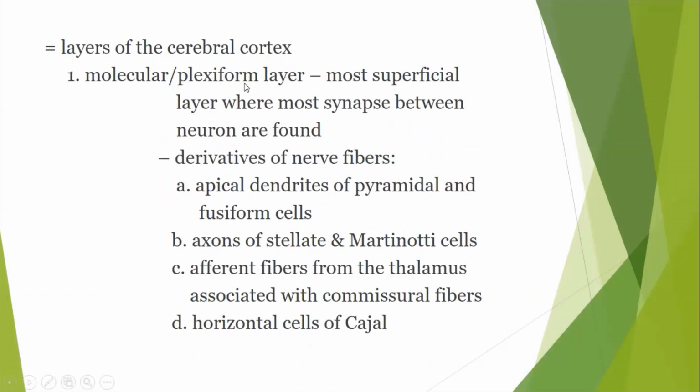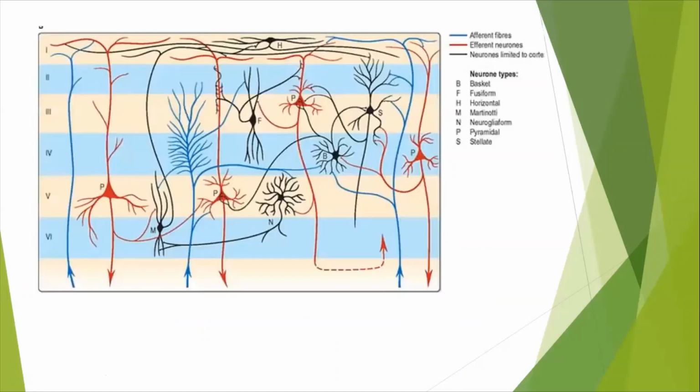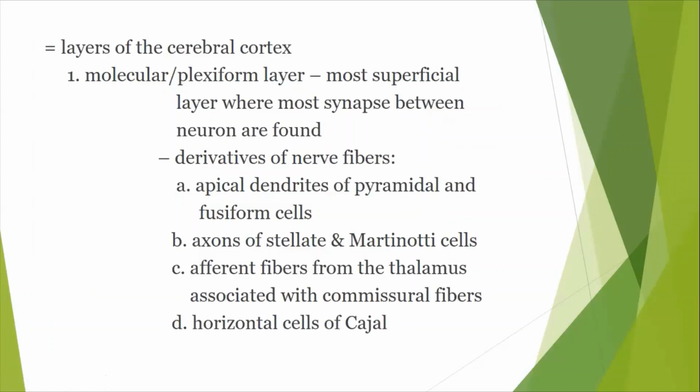So the first layer, or outermost layer, is the molecular or plexiform layer. So that is your molecular or plexiform layer. And here most synapses of the neurons could be found.